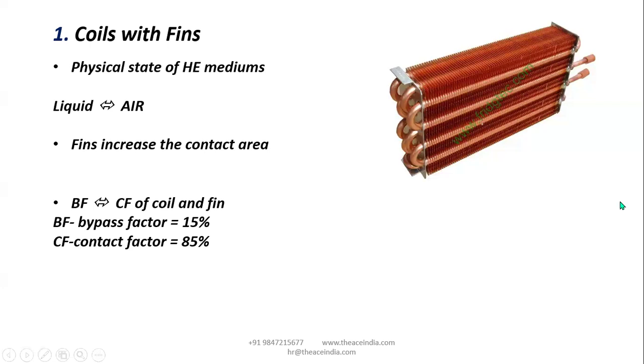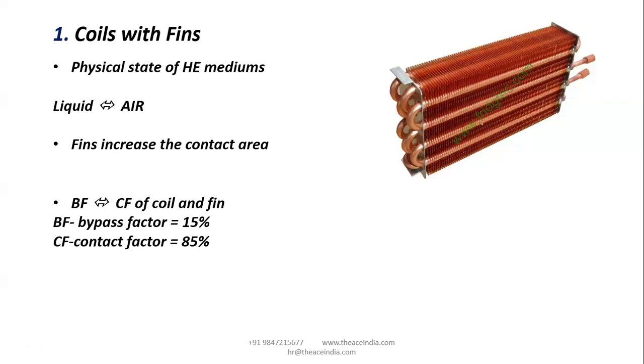So let's see. Here, this is the coil structure, isn't it? Let's consider 100% of air passing over this arrangement. However, the 100% of air will not contact this structure. A little air escapes through some gaps, isn't it?